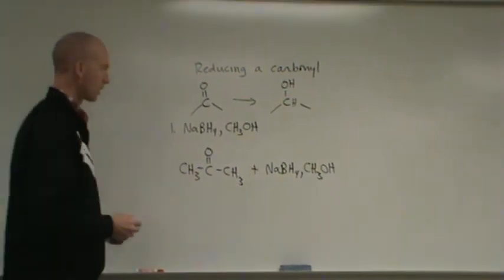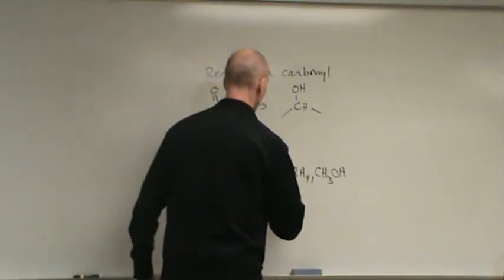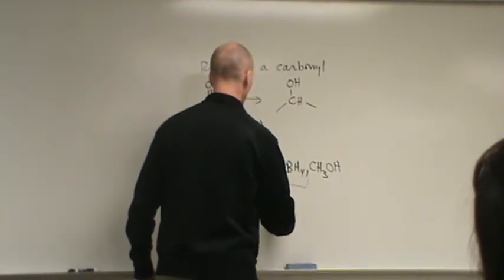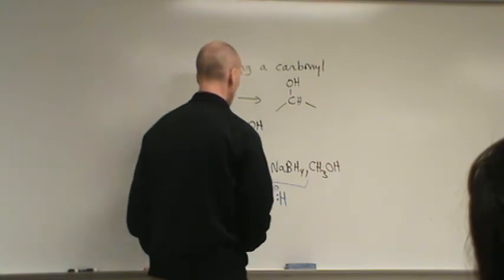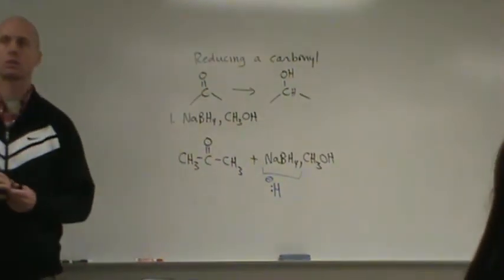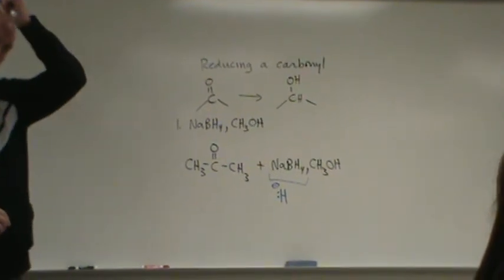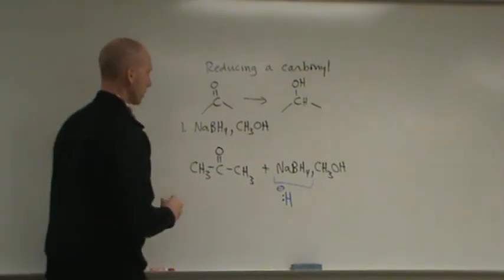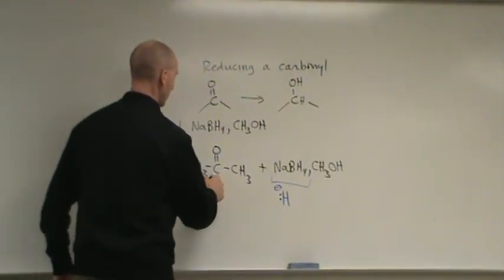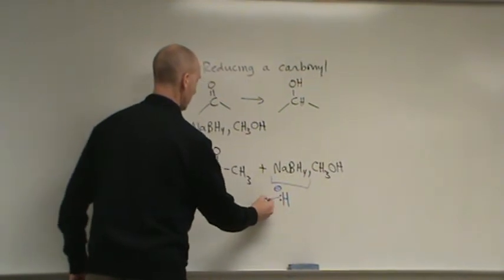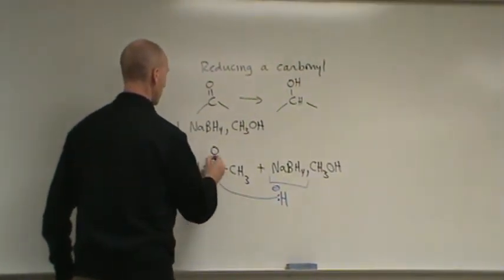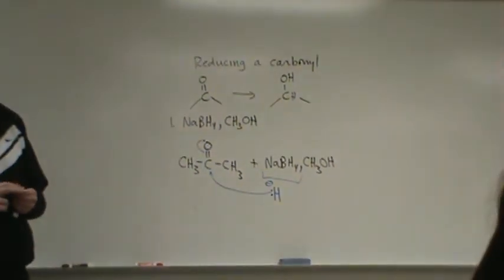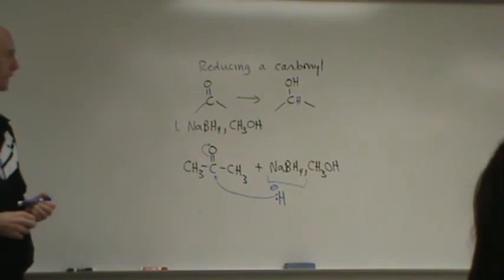So we've already said that sodium borohydride will act as H minus. If it does that, the only thing it can attack over here is the electrophilic carbon, and then move these pi electrons up there. So here's the mechanism.